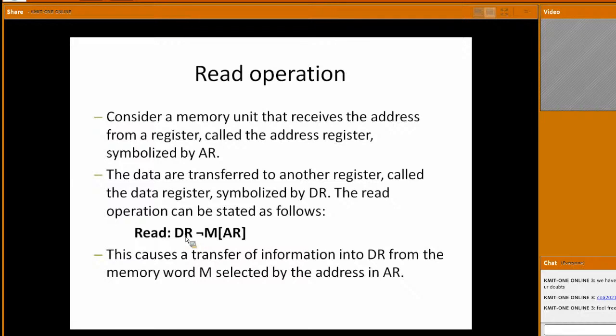This is known as read operation. Right? So specify the address from where you are reading the data and get the data from that address location and move the data into the data register.